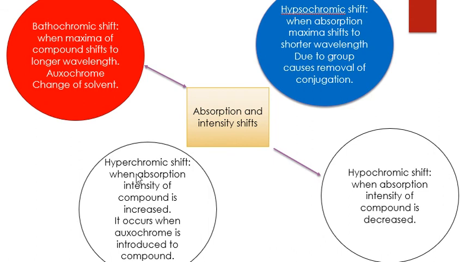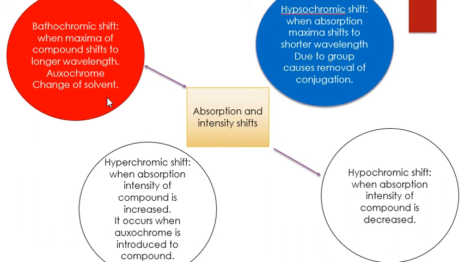Here we have the hyperchromic shift and hypochromic shift. When the absorption intensity of the compound is increased, meaning there is an increase in the absorption of the light, like we said that when we add auxochromes to chromophores, then there is an increase in absorption.